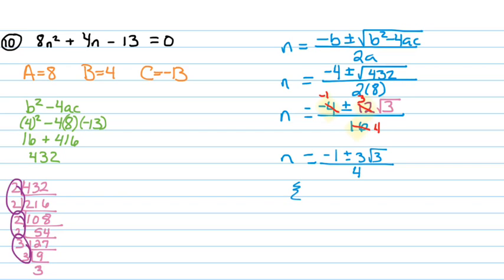And so my solution is negative 1 plus 3 square roots of 3 over 4, comma, negative 1 minus 3 square roots of 3 divided by 4.